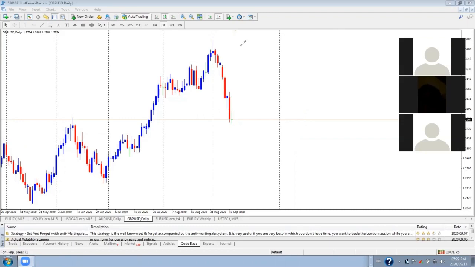Okay, so a demand is an area in a market where buyers are more than the sellers, or where demand is greater than supply. As we know from our daily activities, when the demand is high, it means there are more people who are willing to buy.